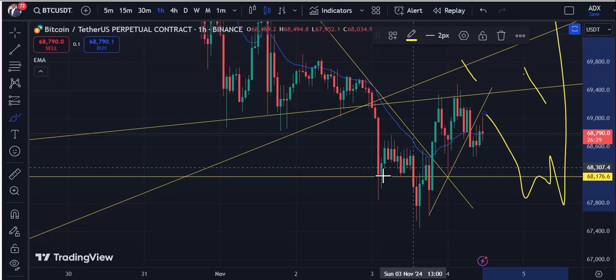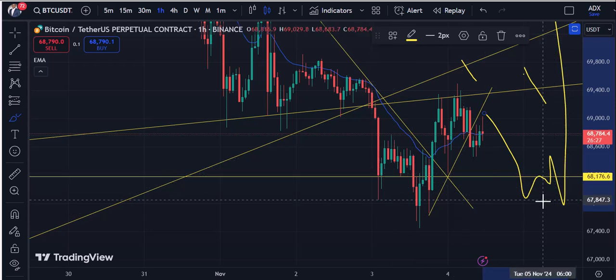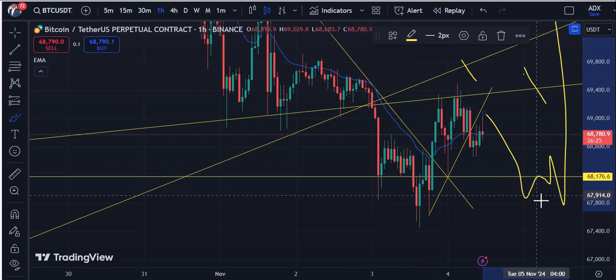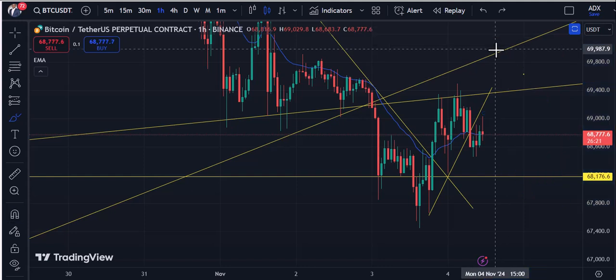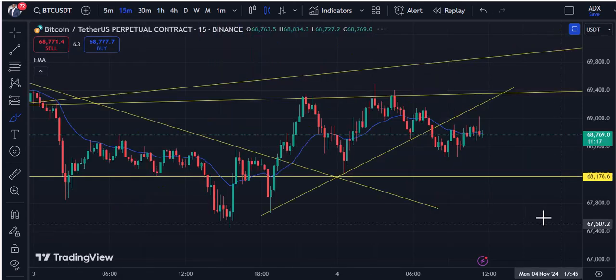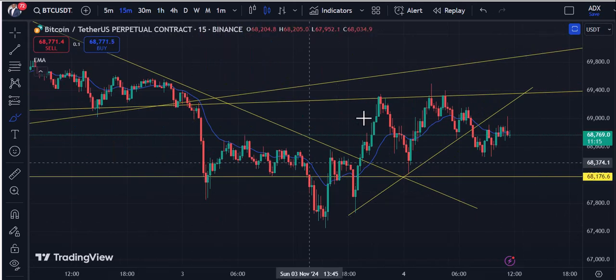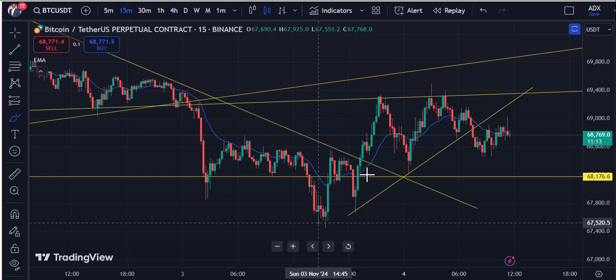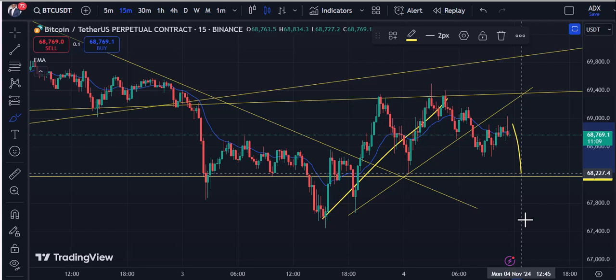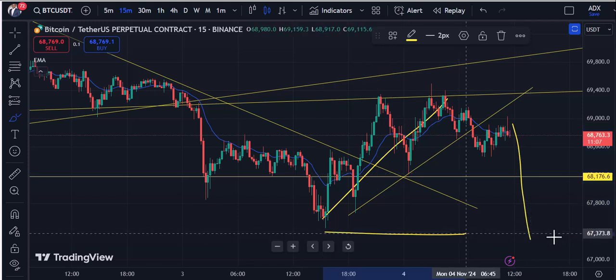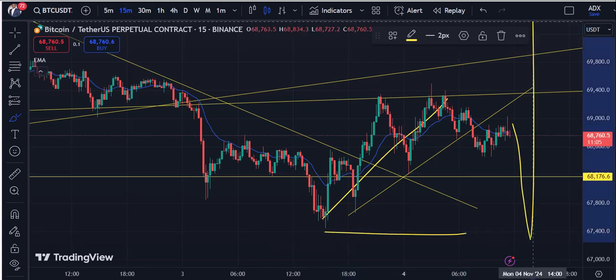So this is what we're expecting on Bitcoin, where the market will drop before breaking high. All right, so if you go down to a smaller time frame like 15 minutes, now we can see the same thing. This whole move is not that sharp. This market might actually drop one more to break this low before it starts moving high.